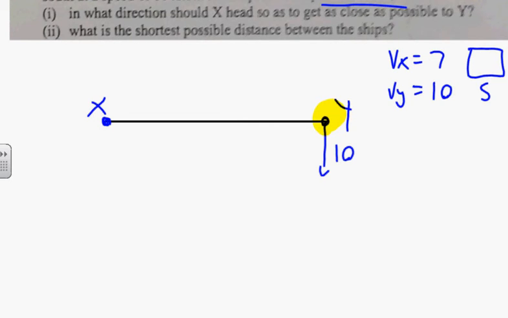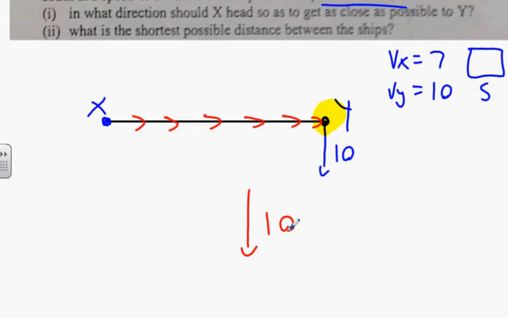I'm going to do the relative path now, okay? Is it possible for X just to go straight across and close in on Y, relatively speaking, if I fix Y to the spot? No. Will X close in on Y going left to right? Just going left to right, can X close in on Y? What's happening is every second Y goes down at 10. X has a choice.